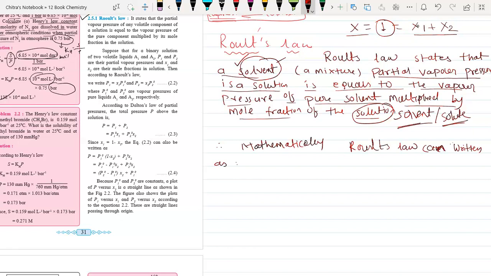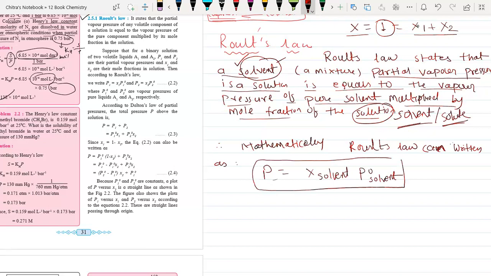We calculate the vapor pressure of the solution, so I am writing vapor pressure as P, which is equal to the mole fraction of solvent into P0. P0 is the vapor pressure of pure solvent, beta. This is nothing but the mathematical expression for Raoult's law.